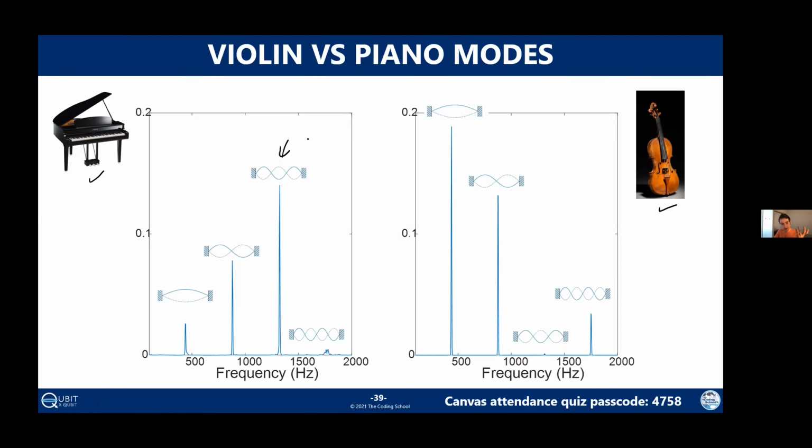What you hear primarily is actually the third mode of vibration. Whereas on the violin, the third mode is almost not even there, right? So when you can sort of hear the difference between these two instruments, what you're hearing is, as one person said, overtones. It is these higher order modes that make the difference between a piano sound and a violin sound.